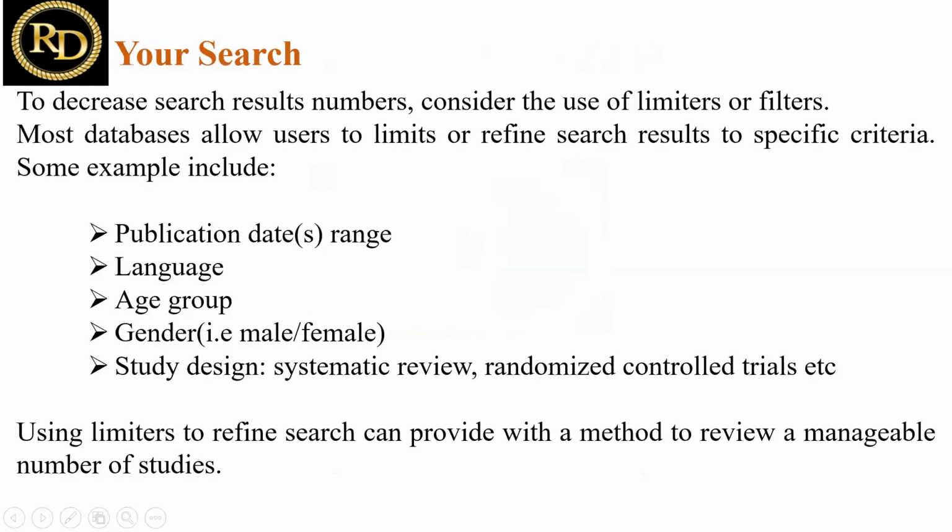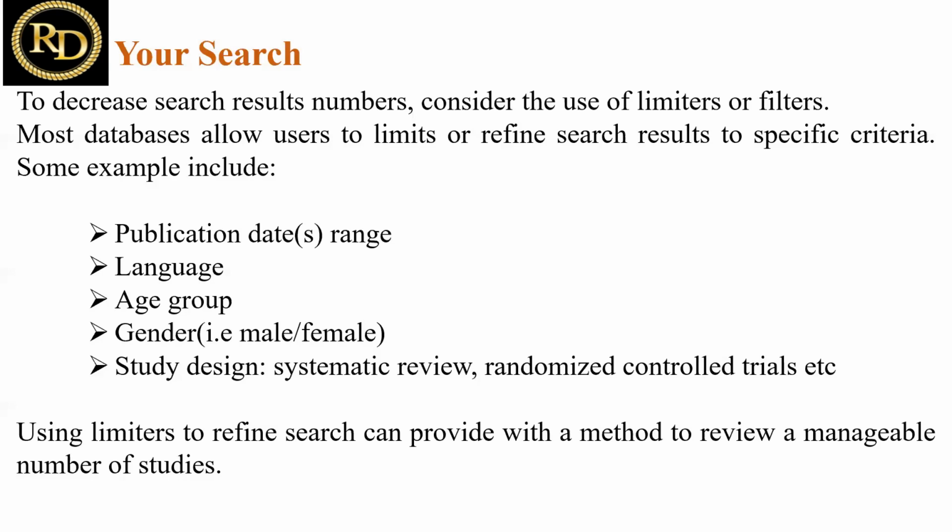Now there are a number of search filters or limiters in every database, so we can also use those to make our search more specific or more refined. The use of limiters or filters: most databases allow users to limit or refine search results to specific criteria.